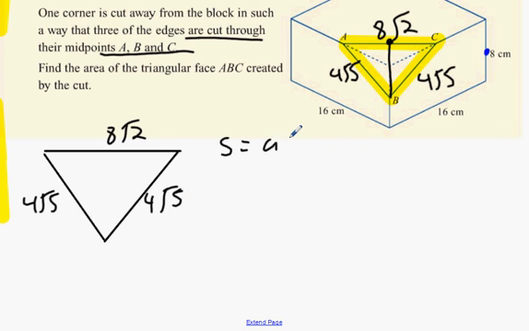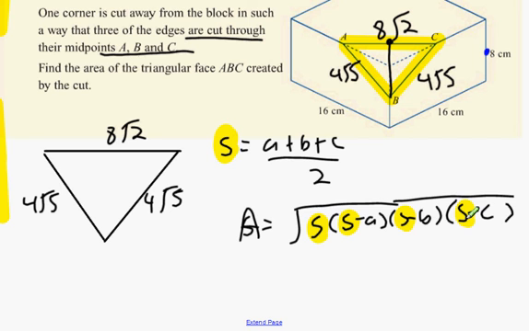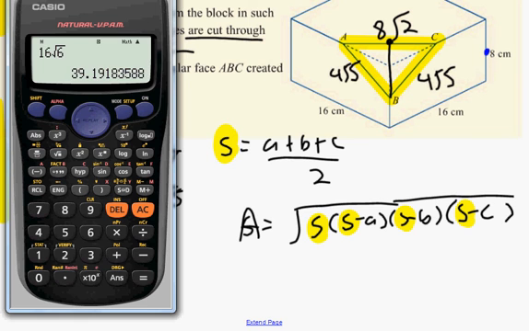S equals A plus B plus C all over 2. Area equals the square root of S bracket, S minus A, S minus B and S minus C. And we remember that trick. S doesn't have a proper name, but it will find the area for you when you put it into this equation on the bottom. Add all three sides together and divide by 2.